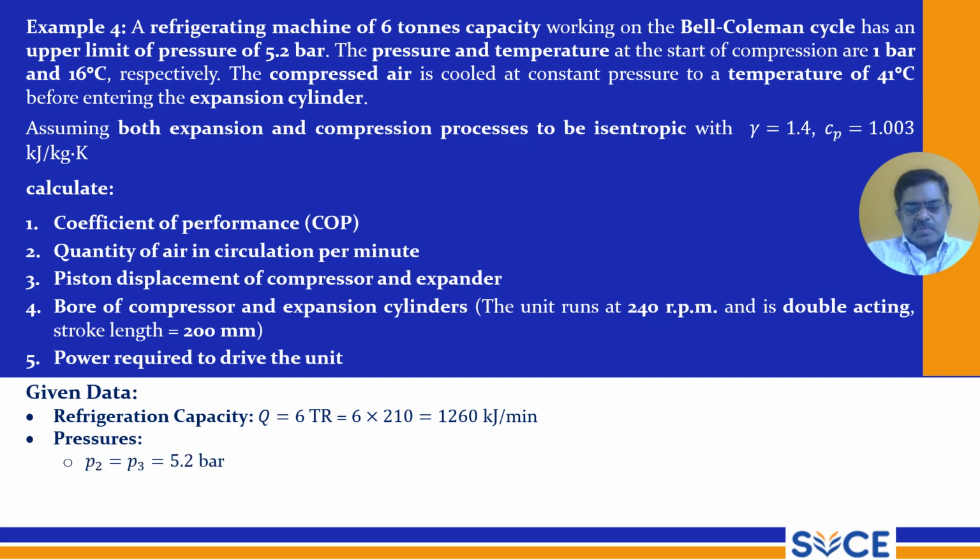So pressures P2 equal to P3, that is 5.2 bar, P1 equal to P4, that is equal to 1 bar, that is equal to 1 into 10 to the power of 5 Newton per meter square.